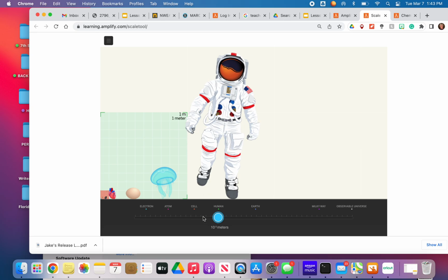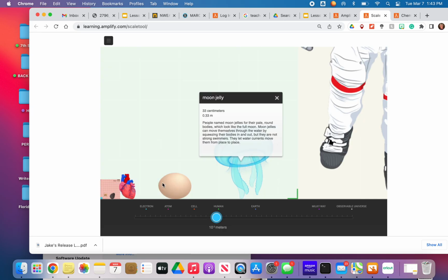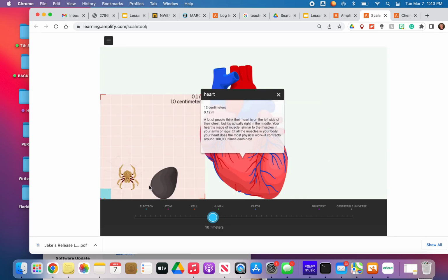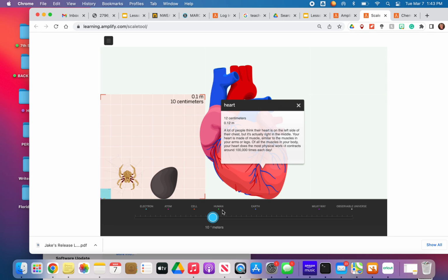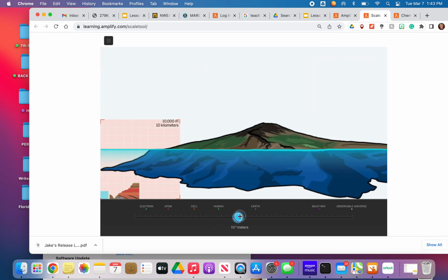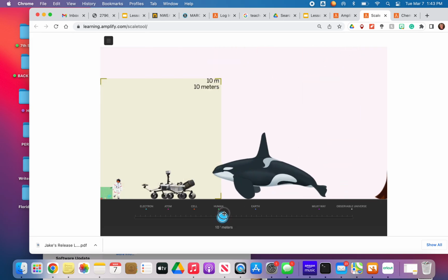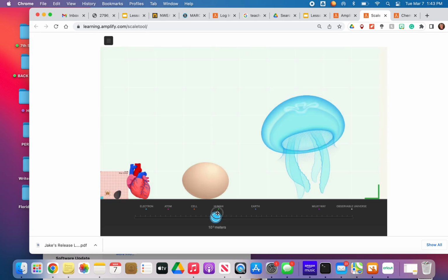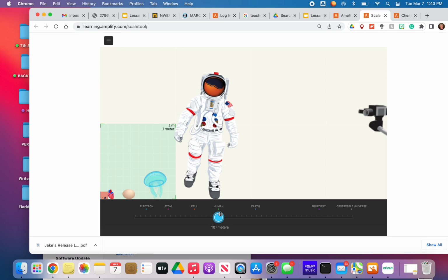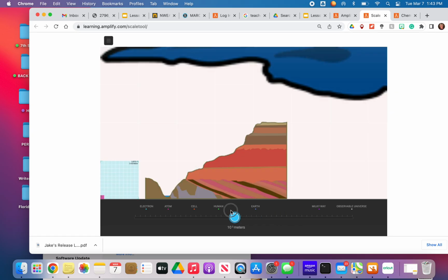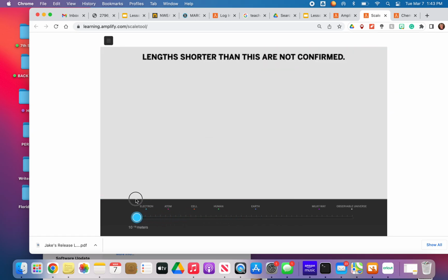And so you can kind of go down and click on each thing that's smaller, smaller, smaller, or you can use this and slide up. But it kind of jumps in and out by meters, by tens. And so you kind of get an idea of how scale works when you think about how big everything is versus how small everything is.